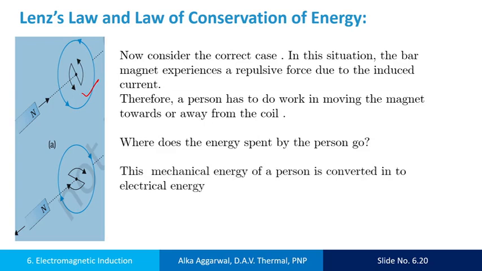Similarly, when one takes the north pole of the magnet away from the coil, the south pole is formed and one has to do work against the force of attraction. And this work done is converted into electrical energy.